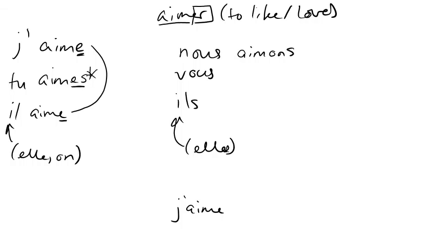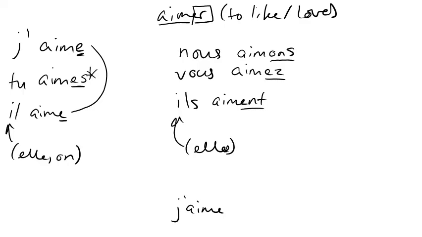So this one sounds like nous aimons. And notice that the S here kind of blends into that A, so that way it makes it sound more melodic, more beautiful. Vous, we have vous aimez, easy. And ils aiment. Now with this one, we have the beauty of having this S here, which means that as it blends in with the A, sound-wise, we actually can hear a difference.